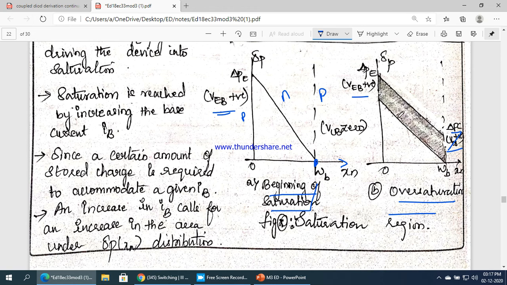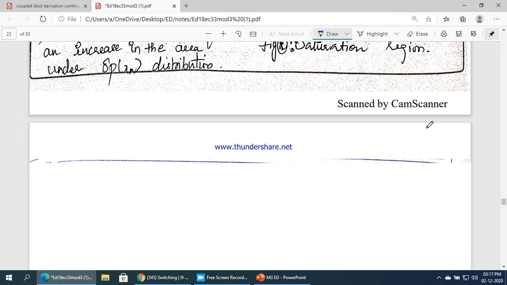In this oversaturation region is the point where the BJT operates as a switch. In this shaded region only, the BJT operates as an on switch. Clear?